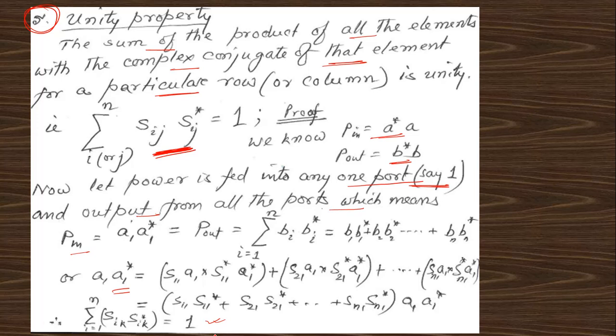So the input power equals the total output power, so you can write Ik into Ik star, that means any component's product with its complex conjugate gives you 1, summation is 1. That is the unitary property.